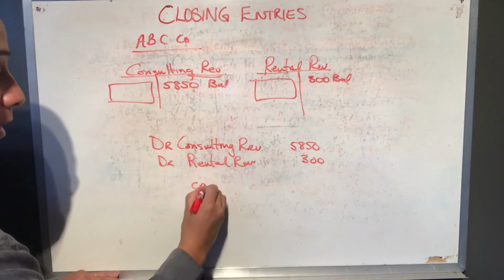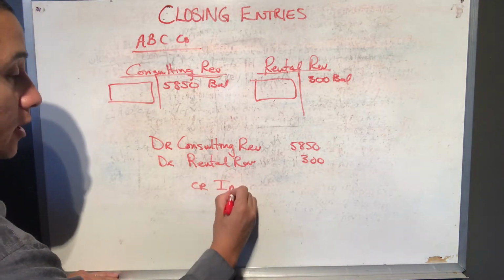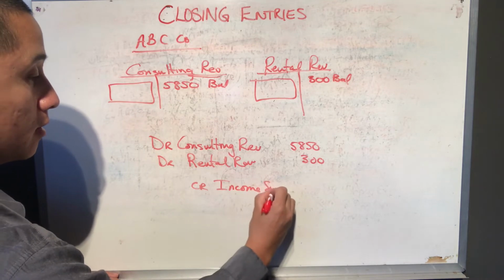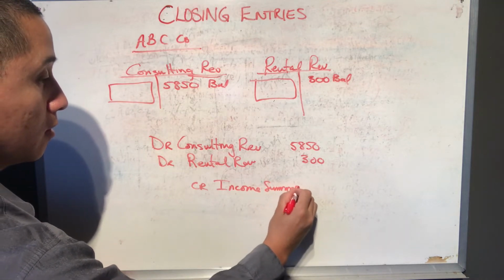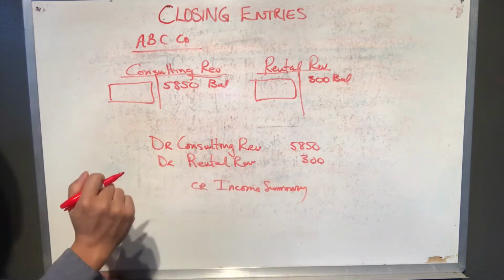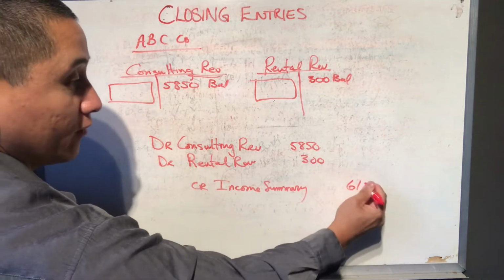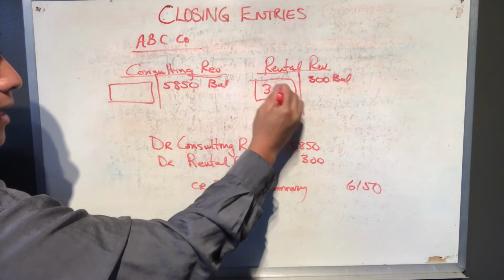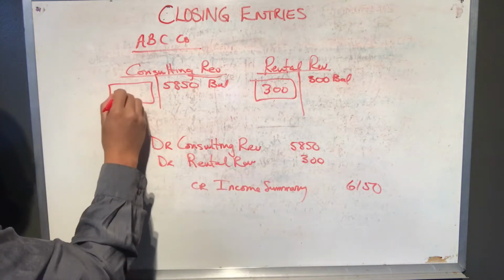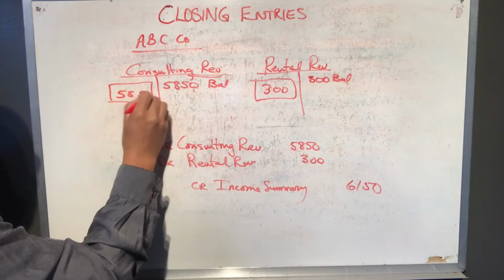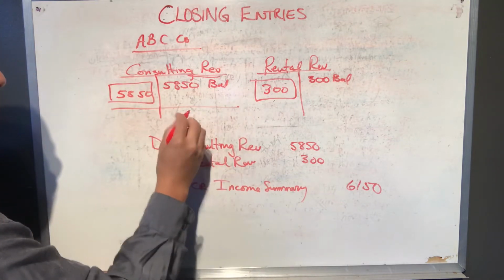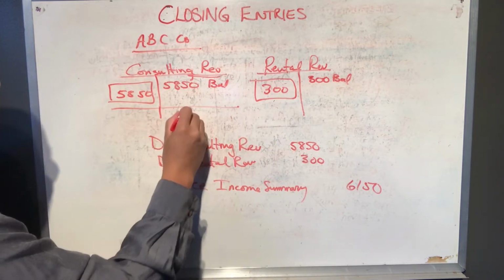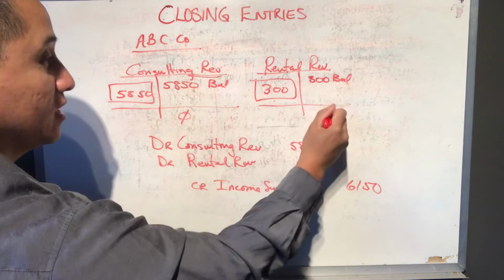And we would credit income summary for the sum of those two, which comes out to 6,150. So the net effect of this is that you're debiting that for 300, you're debiting this for 5,850. So the effect is that it's zero now. This account is zero.